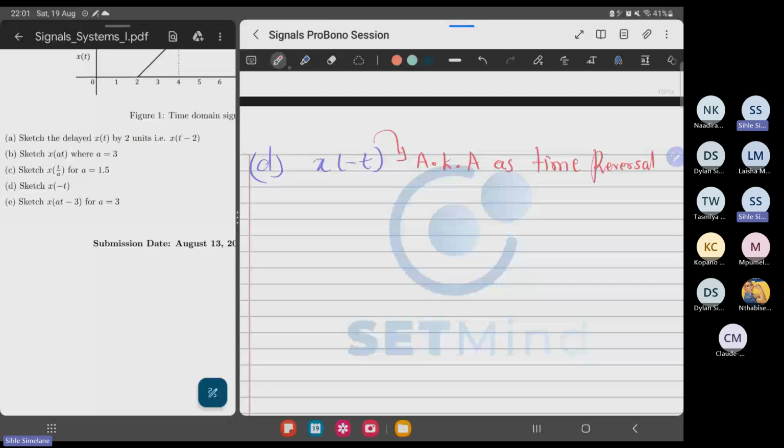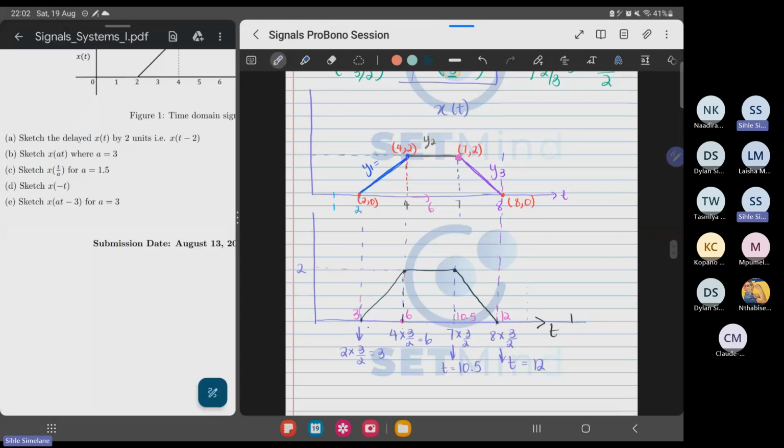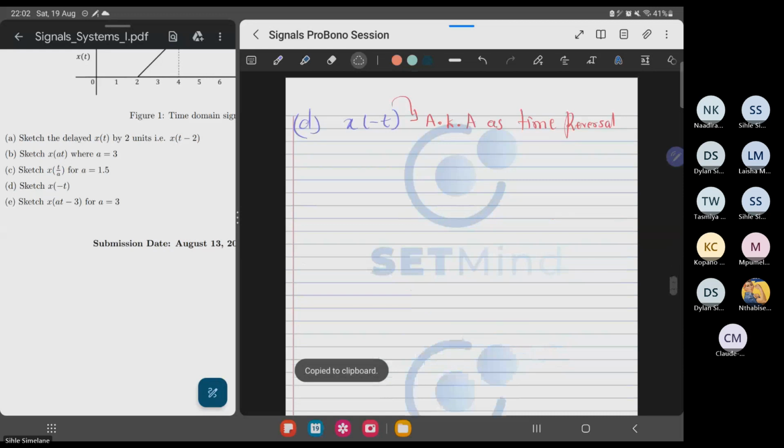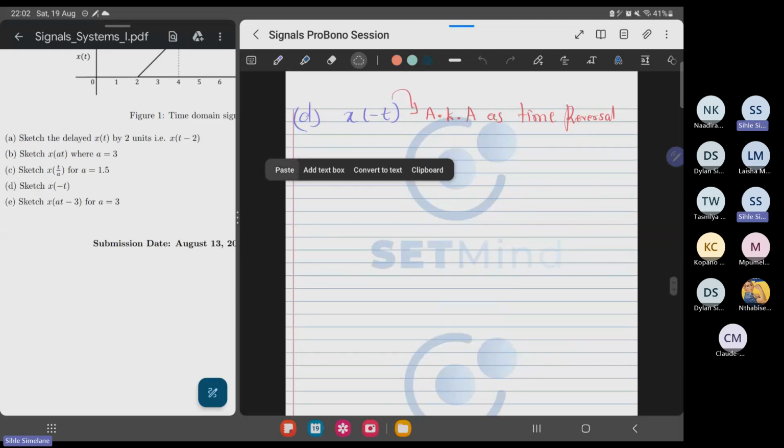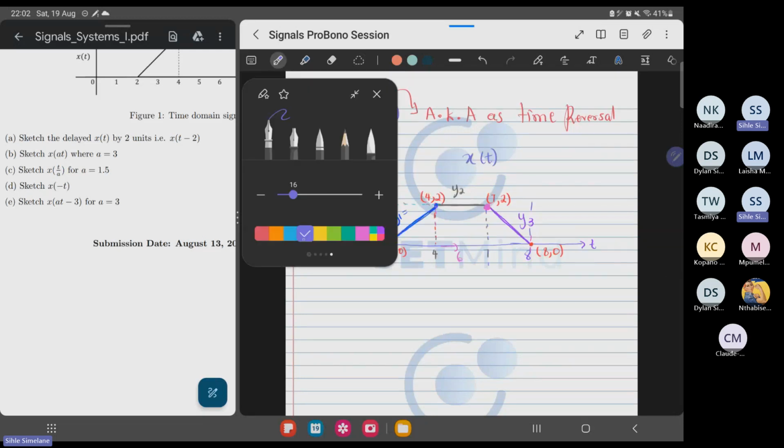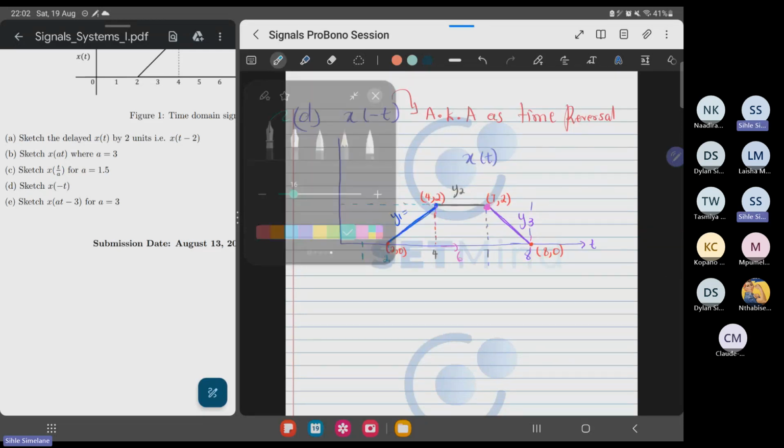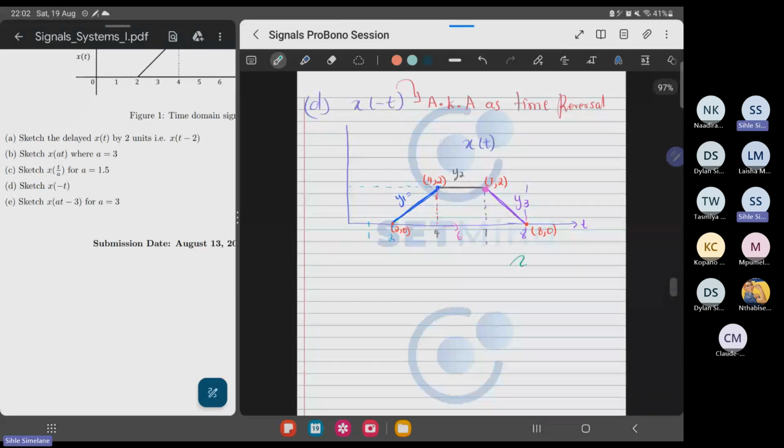So let's take the original graph, and wherever we see t, we will put negative t. Essentially, we just flip this graph. So let's paste it here. Now wherever I see t, I'll take all these values and multiply the t's by negative 1. So let me draw a Cartesian plane here.